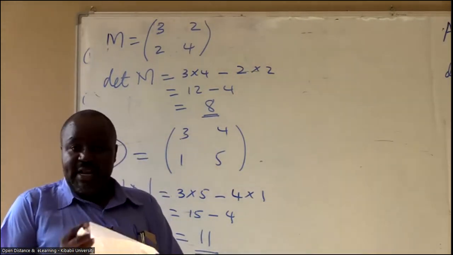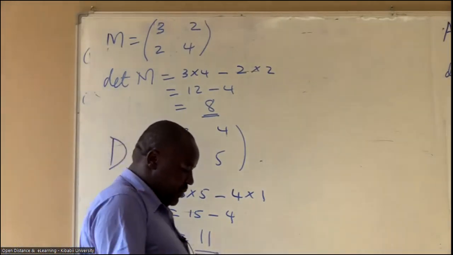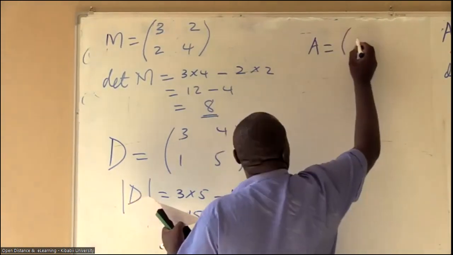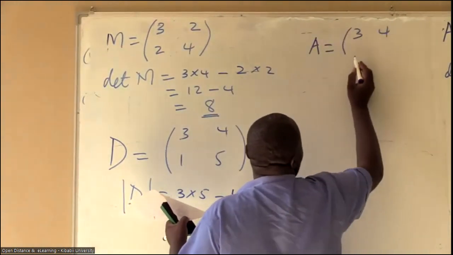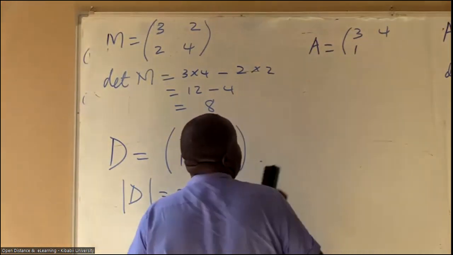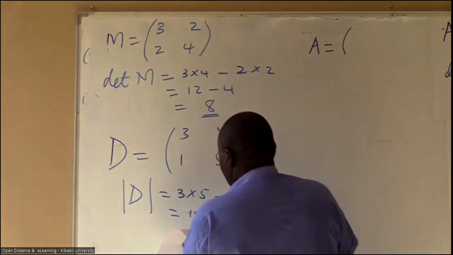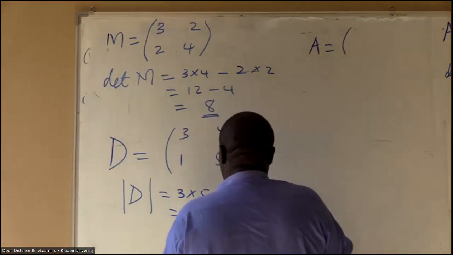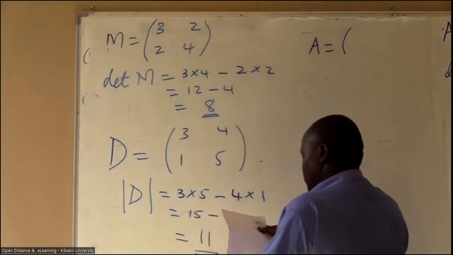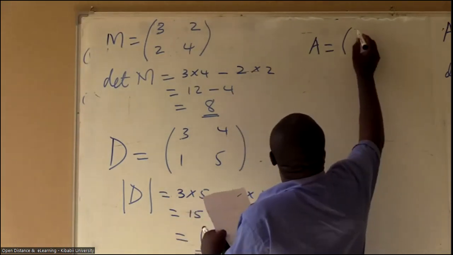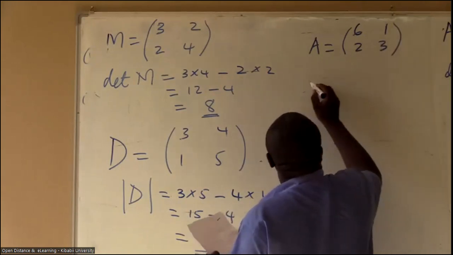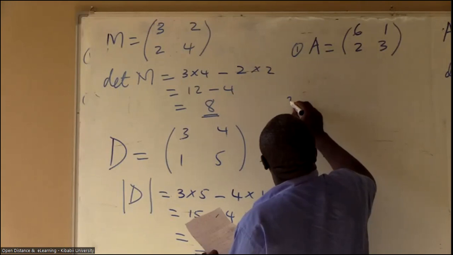Find the following determinants. Then we compare what we have. Matrix A defined as 3, 4, 1, 5, we have done it. Negative 2, 8, we have done it. 3, 2, 2, 4, we have done it. So we can look at 6, 1, 2, 3.